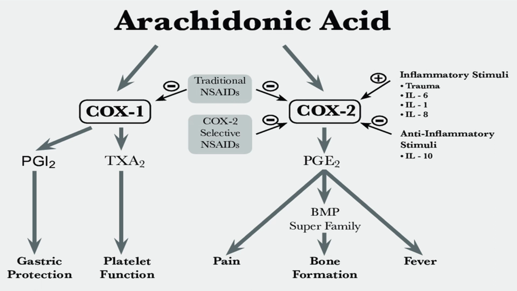Prostaglandins cause vasodilation, increase the temperature set point in the hypothalamus and play a role in nociception. Now COX-1 plays a role in maintaining gastrointestinal mucosa lining, kidney function, and platelet aggregation, while COX-2 is inducibly expressed during an inflammation response.